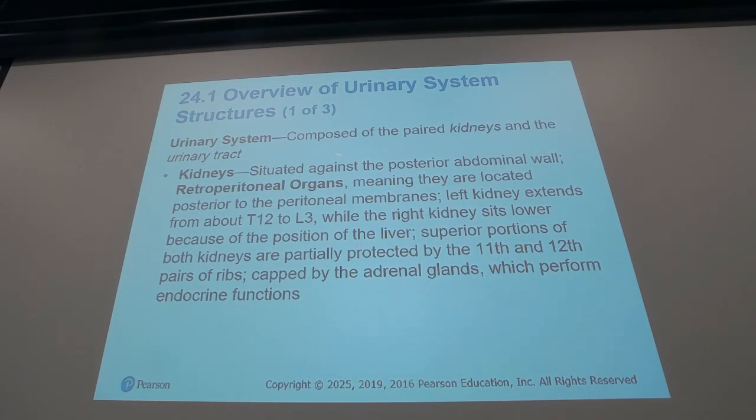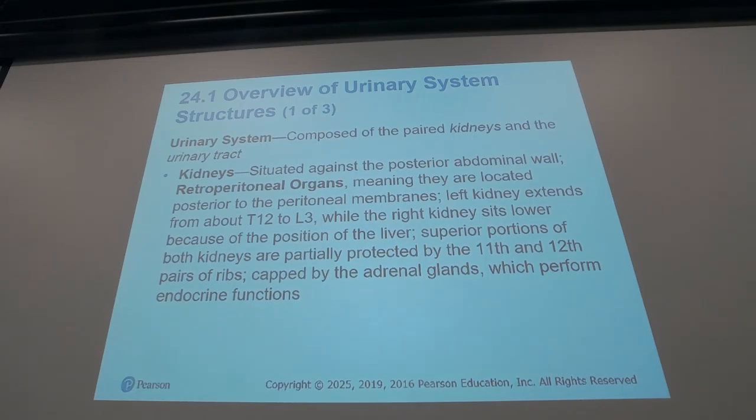So the kidneys are located in the retroperitoneal space, which is the space behind the peritoneum in the abdominal cavity, with a specific location for the left kidney that extends from the 12th thoracic vertebra up to the 3rd lumbar vertebra.